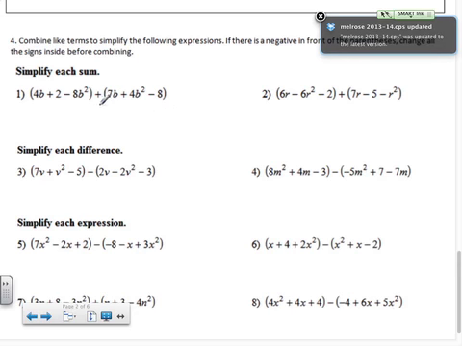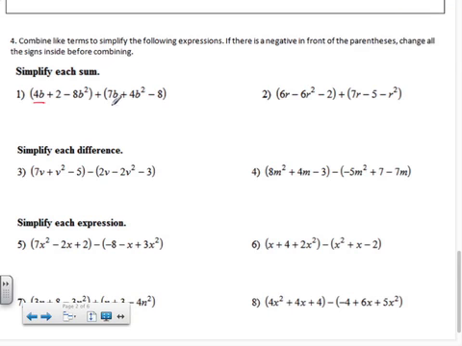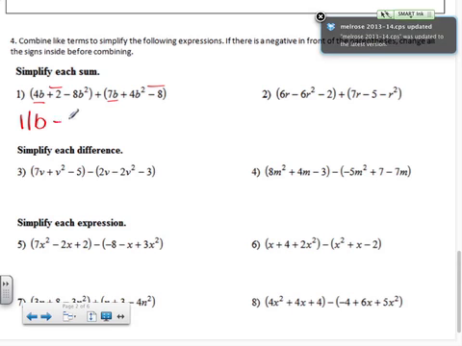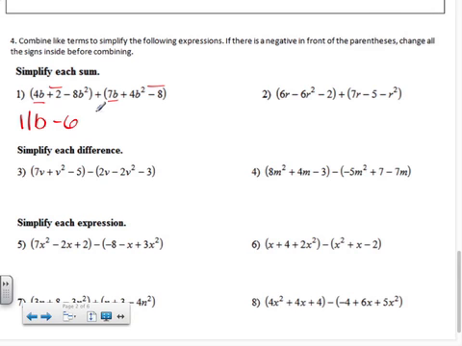Okay, so if it's a plus sign, all you do is combine like terms. So 4b combines with 7b, which gives me 11b. 2 combines with negative 8, which gives me a negative 6.